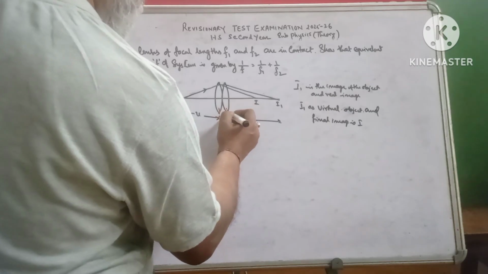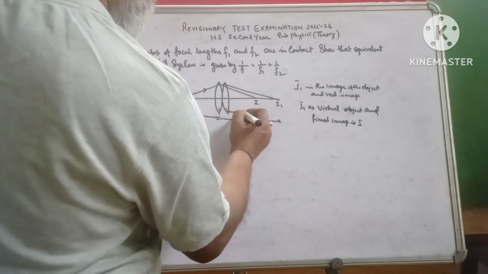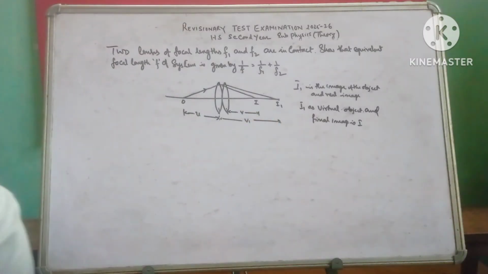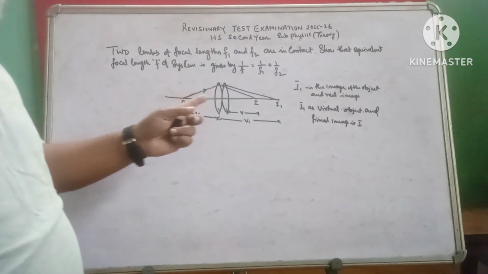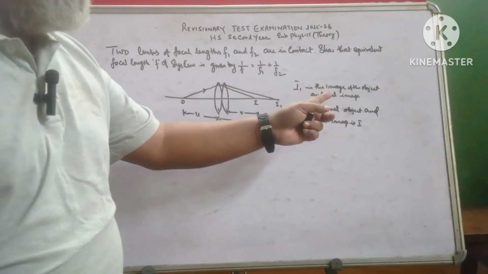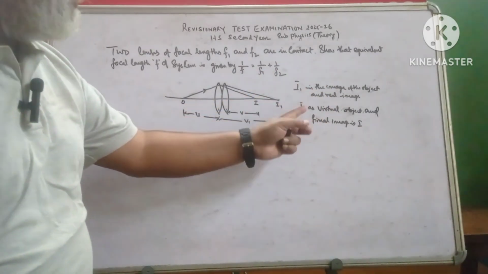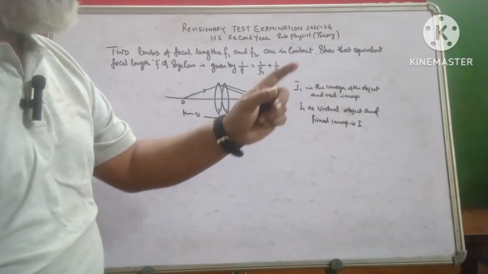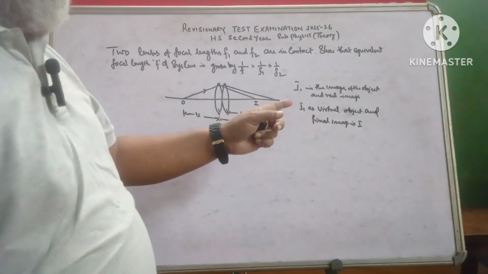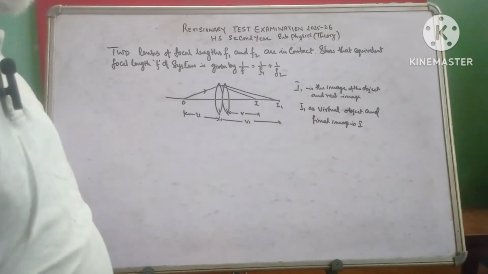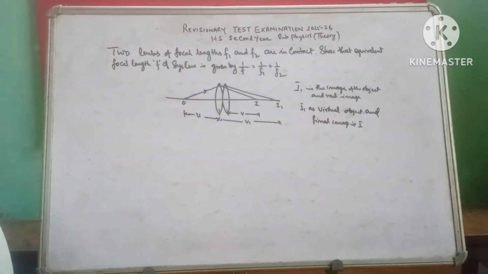And your final image is I. So this is the figure: I1 is the image of the object, and it's a real image, but this I1 acts as a virtual object, and your final image is I.